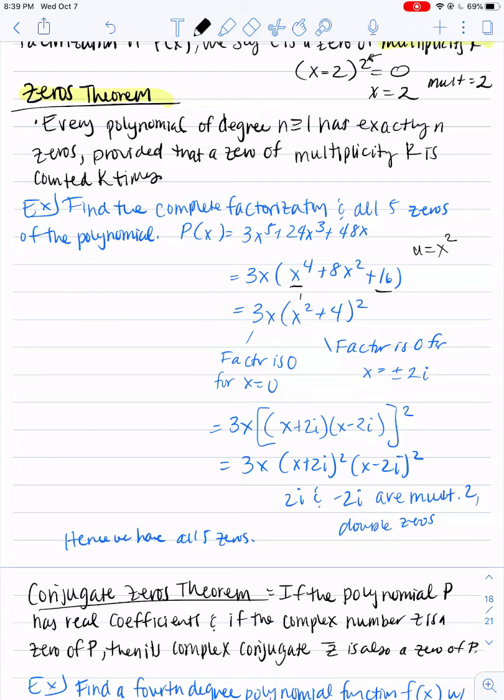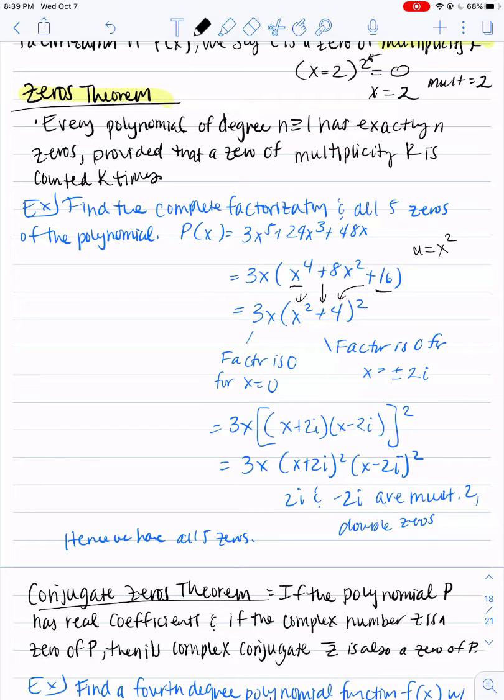The square root of x to the 4th is x squared, and the square root of 16 is 4. I use the plus sign, and that's all squared. So 3x is a factor, and then x squared plus 4, squared. This factor is 0 for plus or minus 2i.